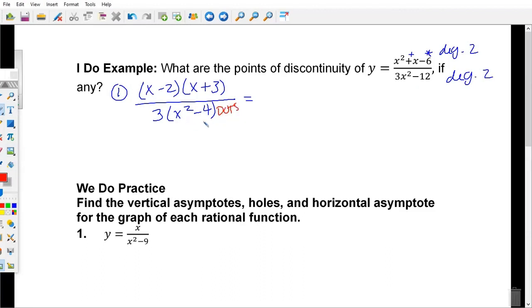Anyone remember this special case for factoring? Difference of two squares. What that means is that when you factor it, it can be factored again. So it becomes x - 2 and x + 2. Are those ringing any bells? A little bit of factoring.